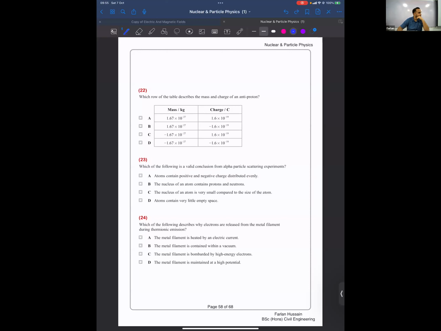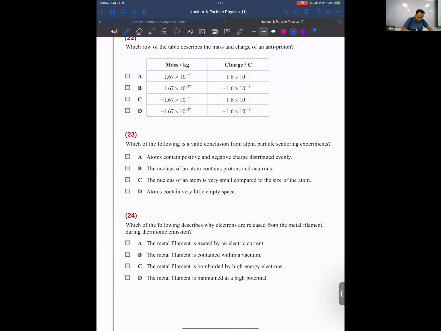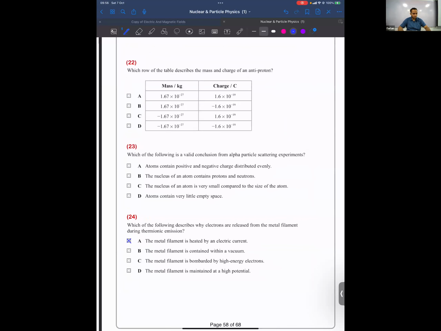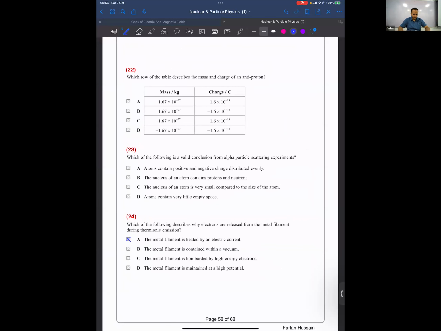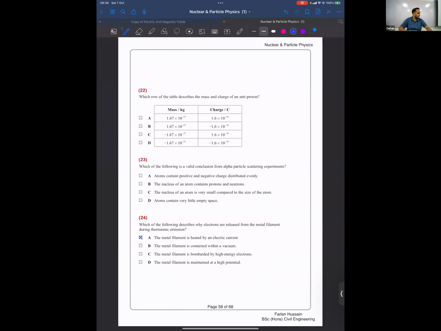The answer is an obvious A. Which of the following describes why electrons are released from the metal filament during thermionic emission? Because the metal filament is heated by an electric current.